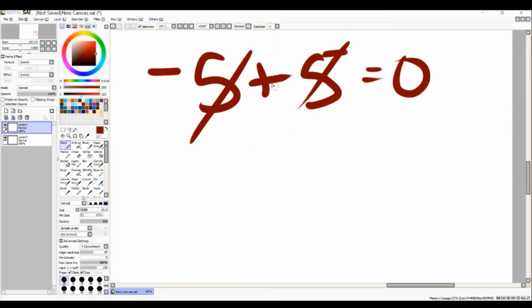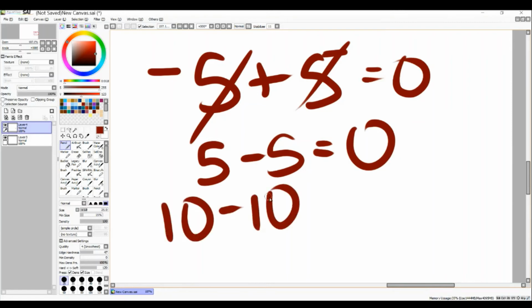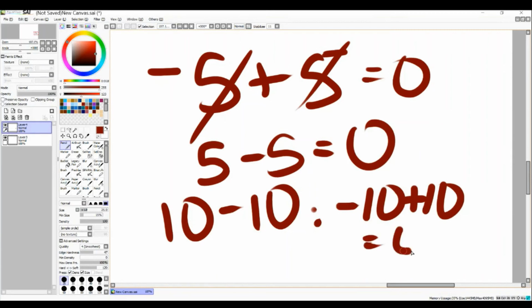And here you will always find that you can rearrange it. So if this negative number in front looks a bit skeptical to you, just move the positive number to the front. 5 minus 5. You cannot take away 5 from 5 and get anything more than 0. It's 0. So in instances like this, 10 minus 10, or alternatively, negative 10 plus 10, it's 0.